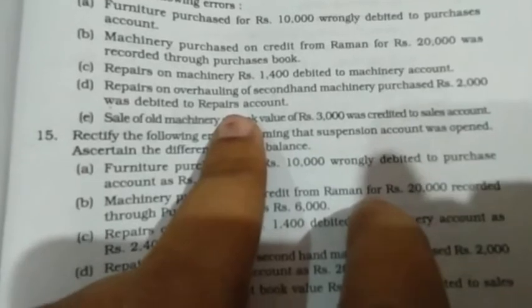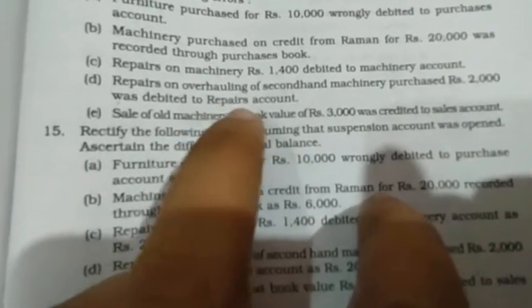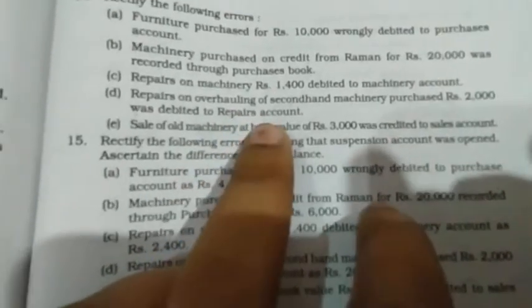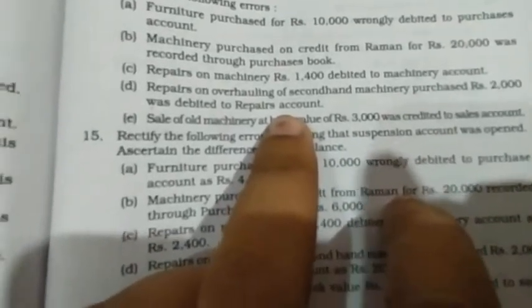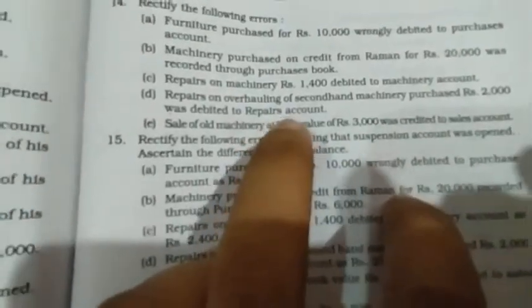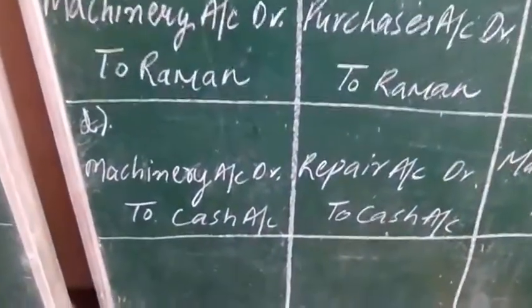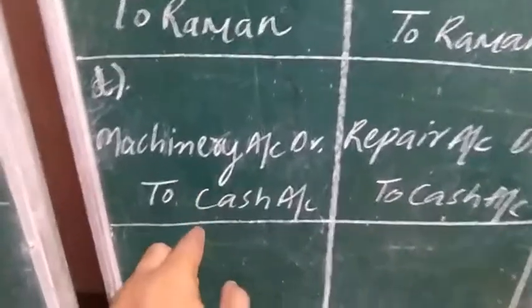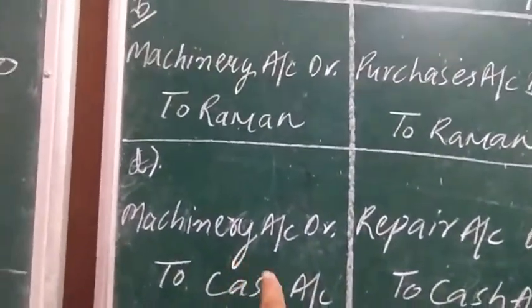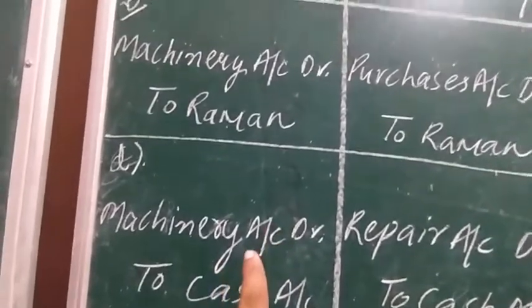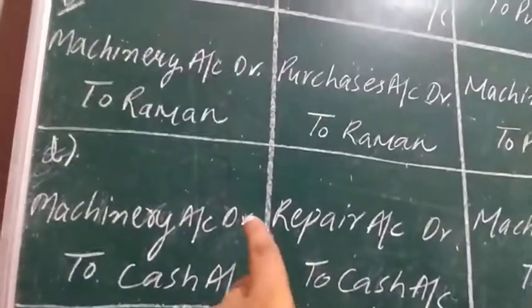But instead of debiting machinery account, what was debited here? Repairs account. See, the entry should be machinery account debit to cash, but what was done? Repairs account debit to cash was done here. See, machinery account debit to cash, right? This is correct. We have debited machinery and it is correct to debit machinery.